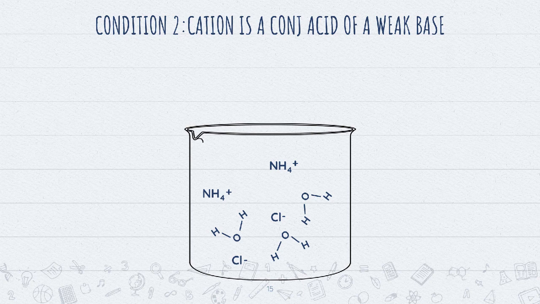Okay, upon dissolving in water, the ammonium ion, being a strong conjugate acid, or strong Bronsted acid, will donate its proton to a base, which is water in this case.